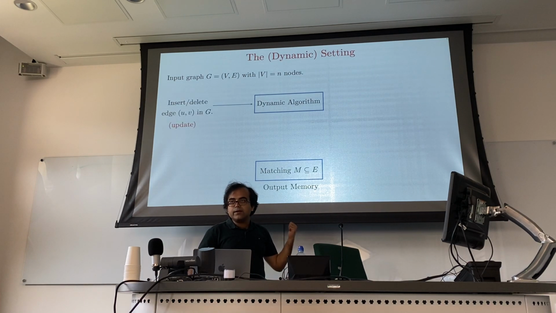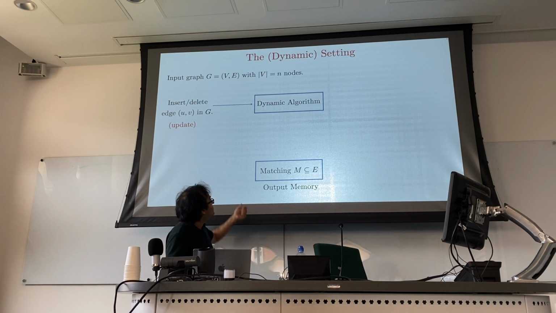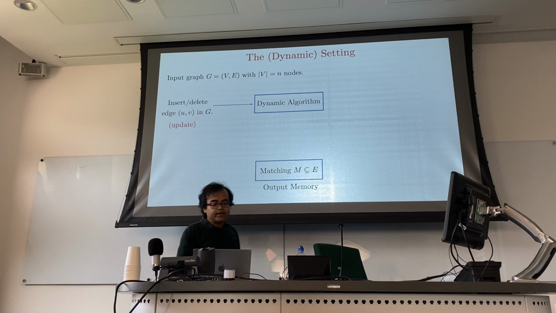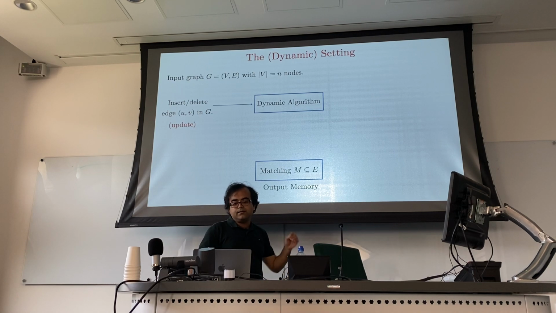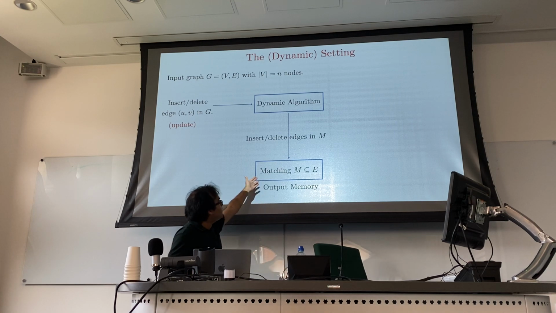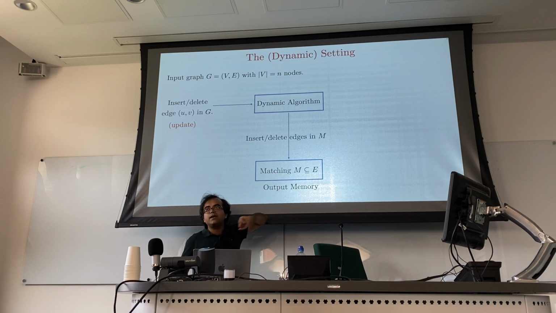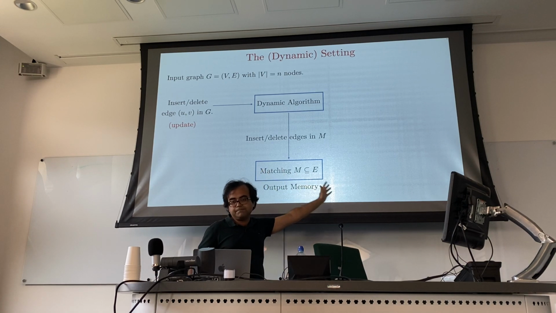And this dynamic algorithm is just handling a sequence of updates. And each update inserts or deletes an edge in the graph. After each update, the algorithm spends some time and then goes ahead and maybe inserts or deletes some edges from this set M, ensuring that M always remains a matching and it always remains an approximately maximum matching.